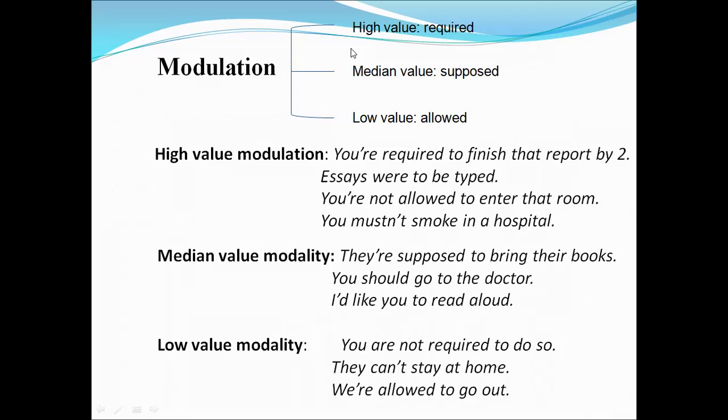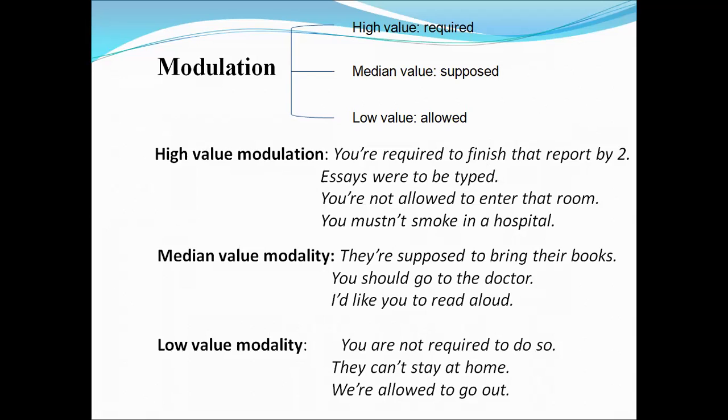I showed you this earlier also. Modulation here: in modulation, I talk about obligation. Modulation is also part of modality. So modulation is also of high value, median value, or low value.